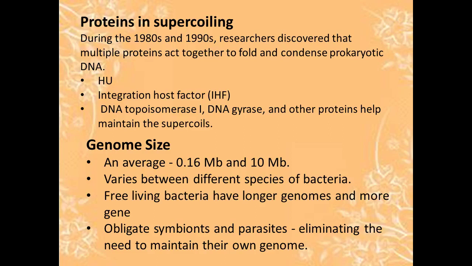Because these obligate symbionts and parasites live inside a sheltered or limited host environment and cannot survive outside of the host, over longer periods of time, these organisms start to lose genes that are not essential. Rather, some are able to utilize some of the host gene products, eliminating the need to maintain their own genome.